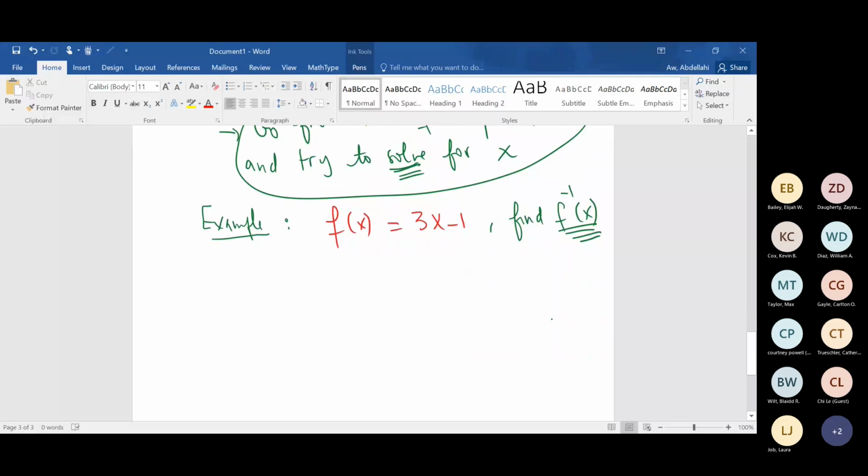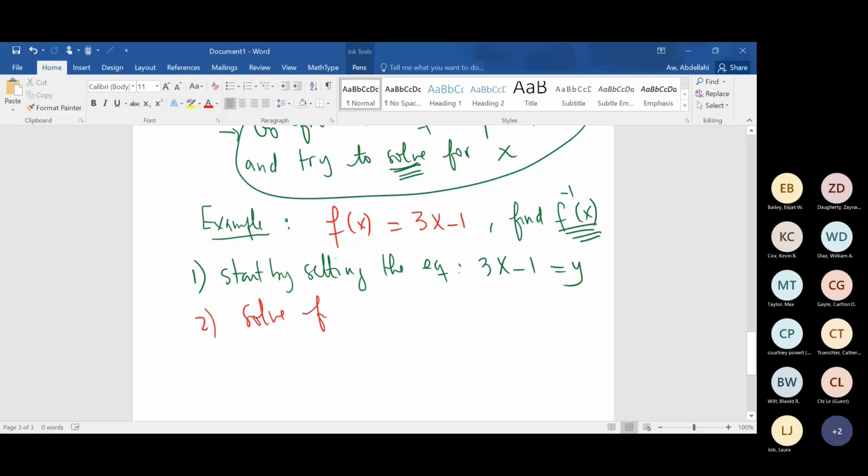Okay, what am I going to do? This is the first example. First, start by setting the equation 3x minus 1 equals y, right? f of x equals y. And then solve for x. Is it a big deal to solve for x in this case? What do you have to do first if you want to get x by itself?